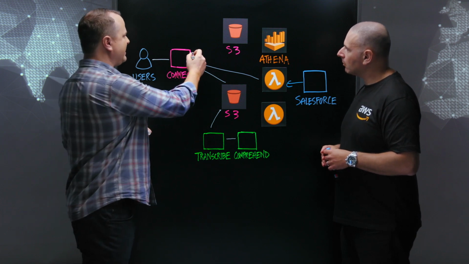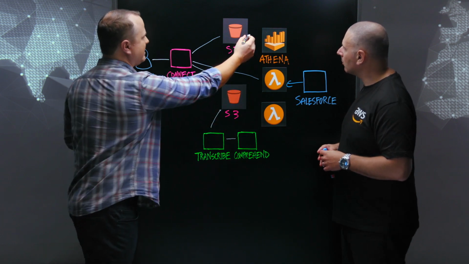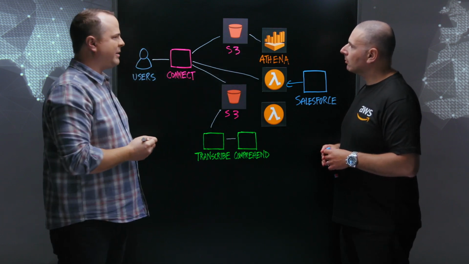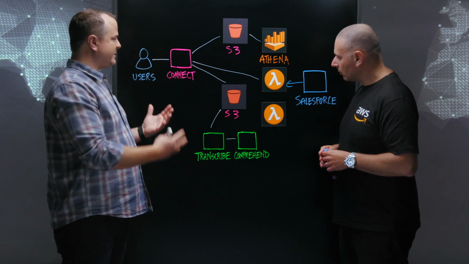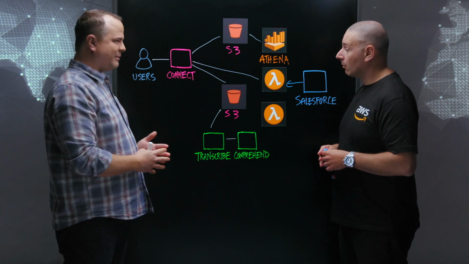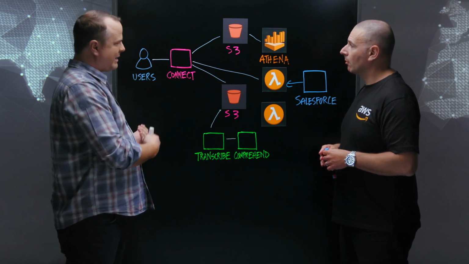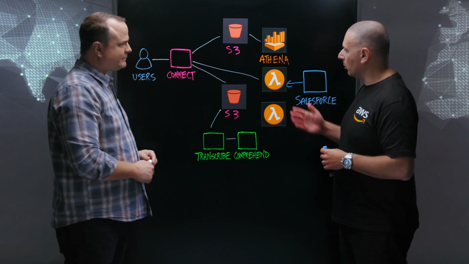We have that land in an S3 bucket with Kinesis Firehose, and then we pick it up through Athena and bring it along our pipeline to our data warehouses, where we can mix that up with all of the other information the business has, and bring the insights the business needs, not only to understand what's going on in the contact center, to operate the contact center itself. So you're grabbing metrics in a completely serverless way.